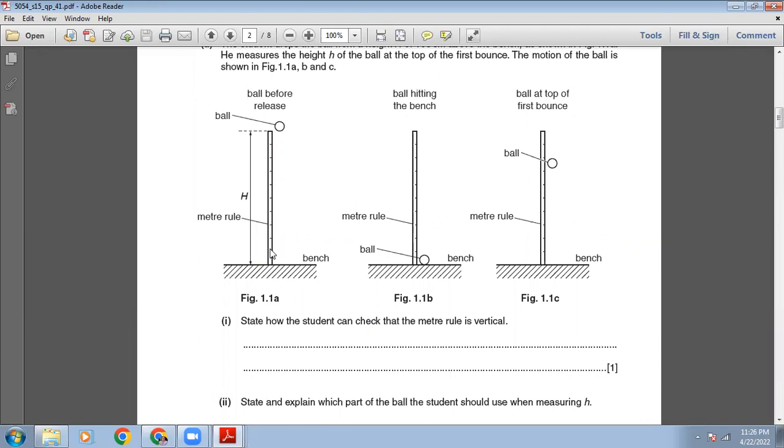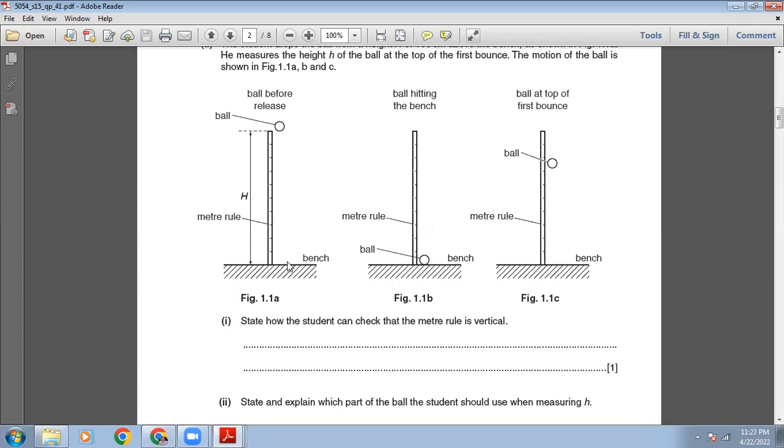You can take a set square and place it in such a way that the two sides of the set square, which are perpendicular to each other, one of them coincides with this vertical rule, and the other side is along the bench. So this will make sure that the meter rule is vertical.